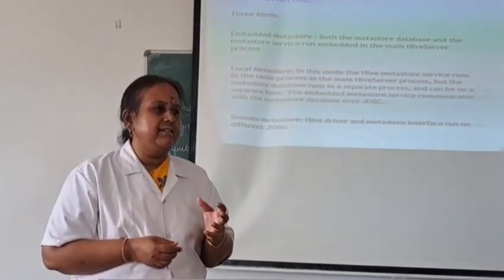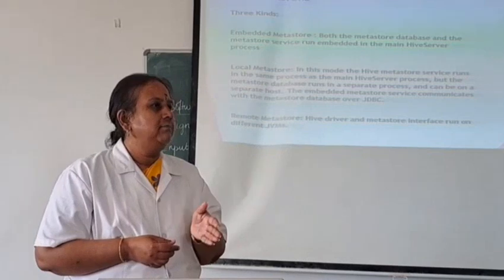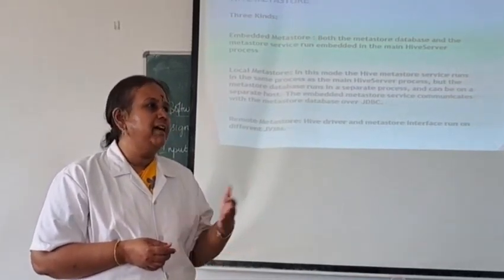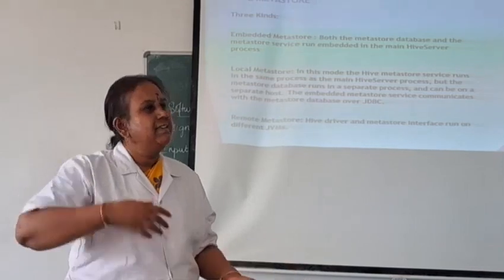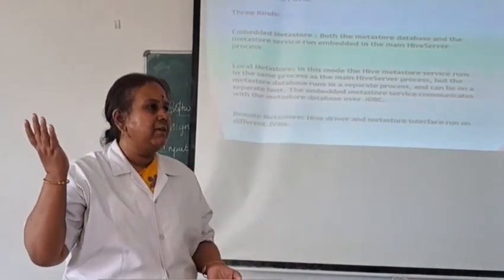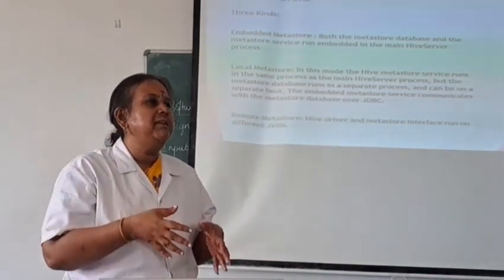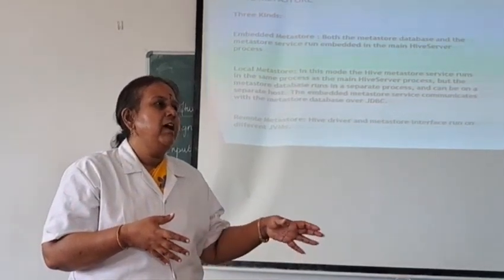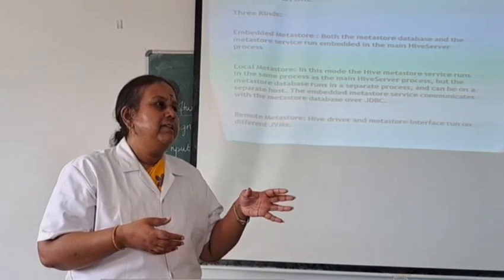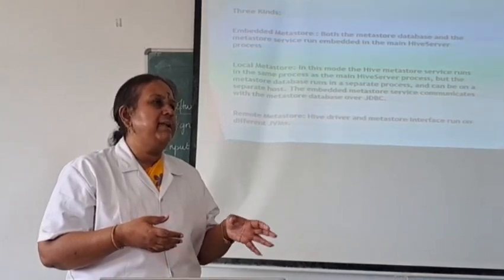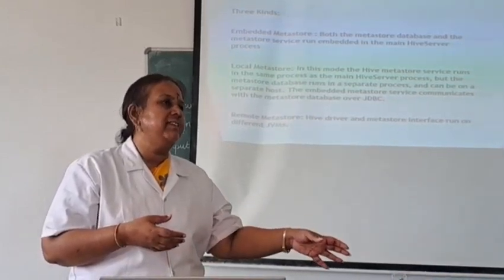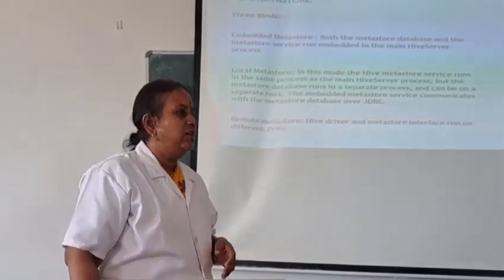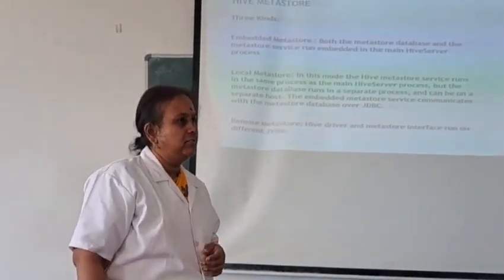You take that. That is a local metastore. Then you have a remote metastore. By the name, since you can understand, it could be somewhere else. Okay. So within the machine is the embedded one, and in a local machine itself you have a separate metastore processing differently, and then you have somewhere else the metastore stored. That is your remote. Okay.